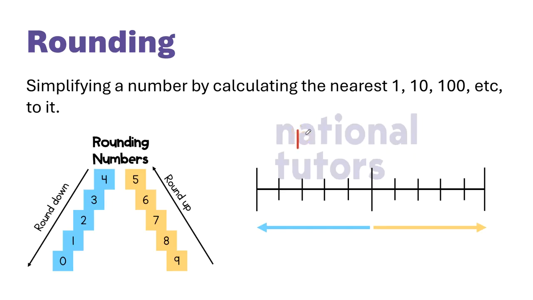So once again, 125. 2 is lower than 5, 20 is lower than 50, therefore it would round down to 100. So if I may illustrate a little bit more with another example, if I had 150 and I was thinking about the nearest 100, this number is exactly halfway between 100 and 200.